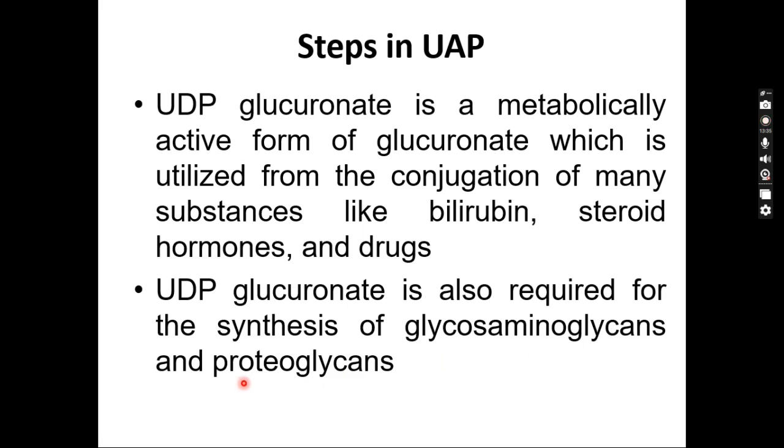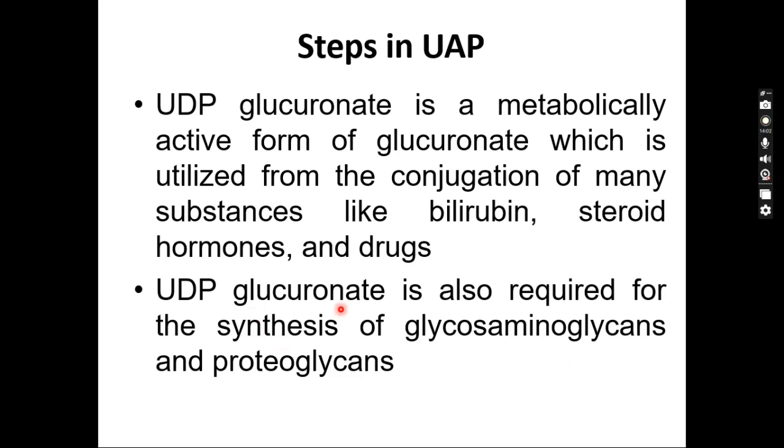glycosaminoglycans and also the proteoglycans. Okay, this is a combination of the glycosyl group of carbohydrates in a disaccharide with some amino acids and also some other compounds, where these other compounds can combine and form one molecule.